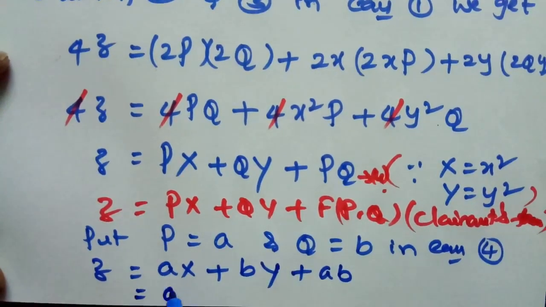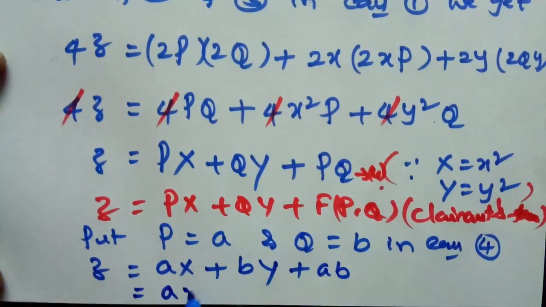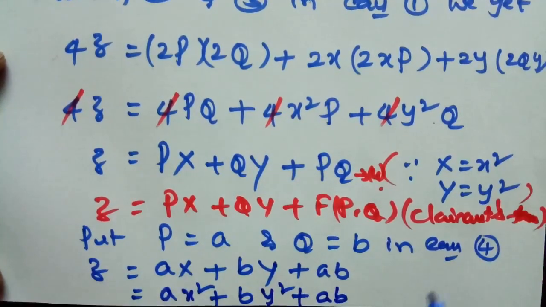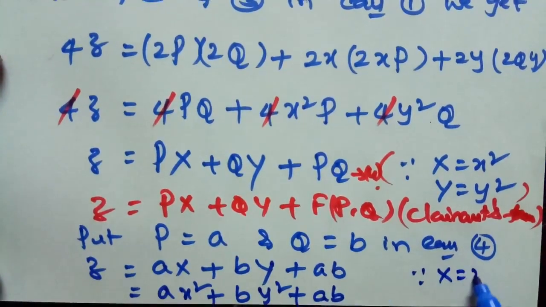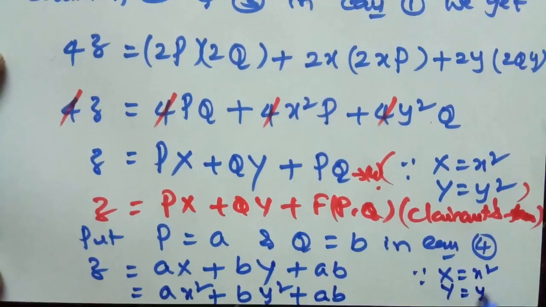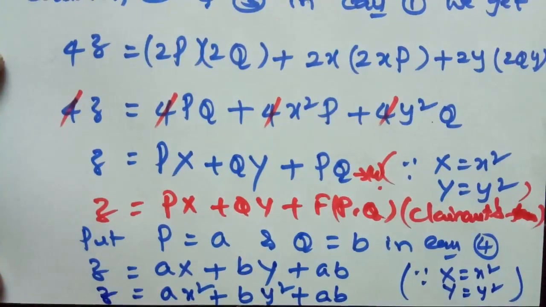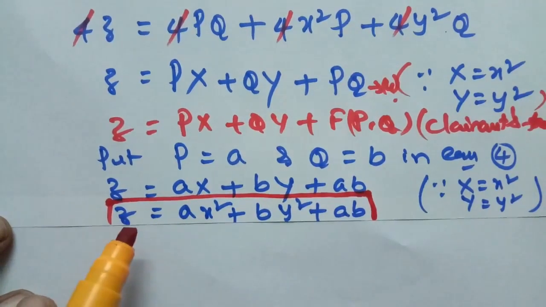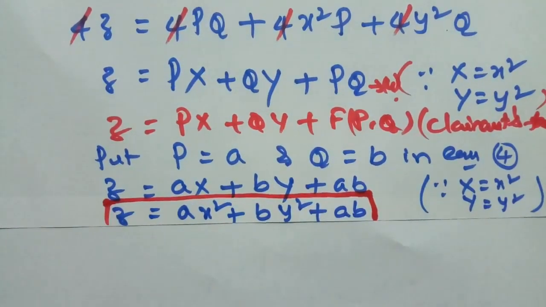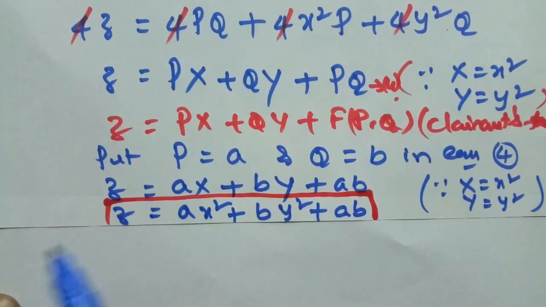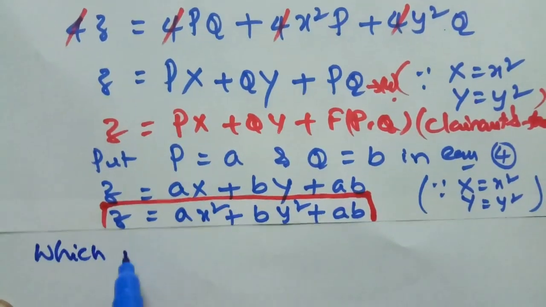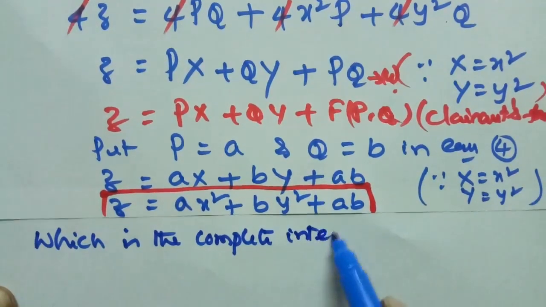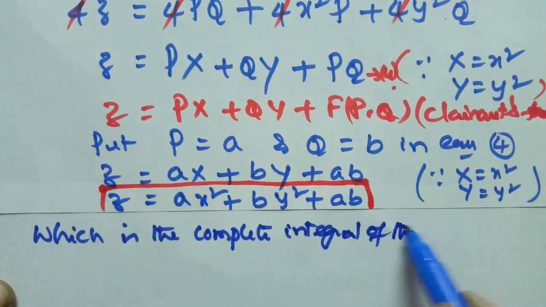Therefore, z is equal to a x square plus b y square plus ab, since capital X is equal to x square and capital Y is equal to y square, which is the complete integral, as it contains two independent variables x and y and two arbitrary constants a and b, both being the same in number, which is the complete integral of the given equation.